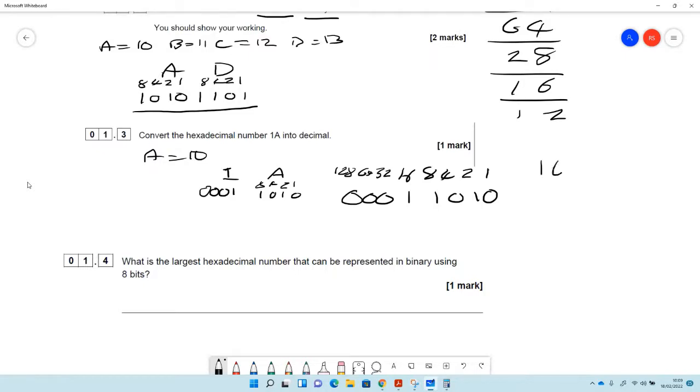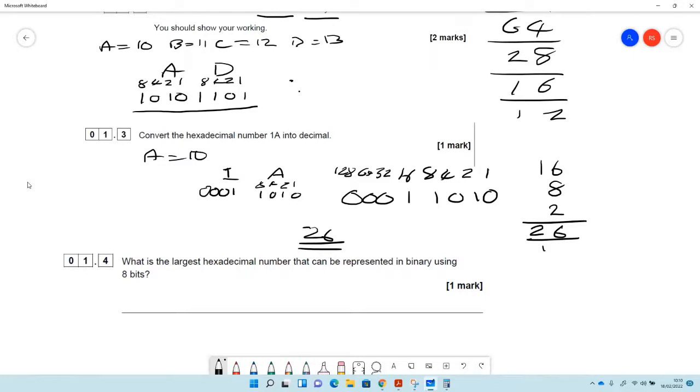So we've got 16 plus 8 plus 2, and we end up at 26. 26 is the answer. So all we've done is do the same conversion we did up here on this one, but we've just converted it then from the binary number into decimal.